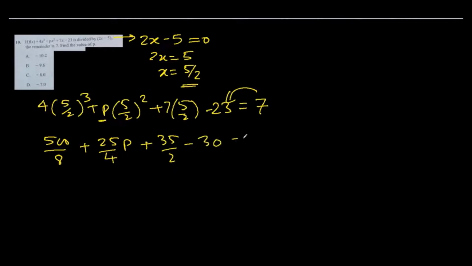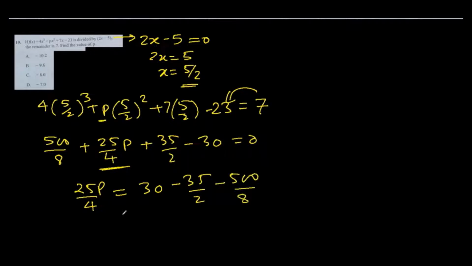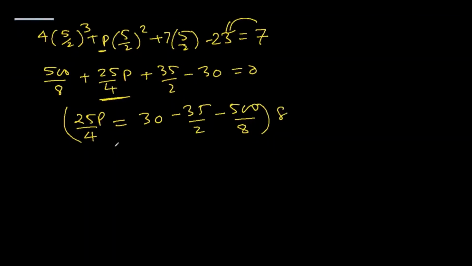Minus 30, yes, equal to 0. So 25p over 4 equal to 30, which will be positive here, minus 35 over 2 minus 500 over 8. So we can see that the LCM is 8 for all. So let's multiply the whole equation by 8. Hopefully we'll get the answer.